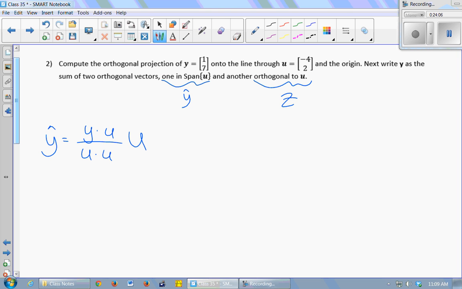There's only one multiple of u that'll work for this, and this is the formula you use to get it. We don't know where on this line it will end up until we calculate y dot u over u dot u. That's your multiple of u.